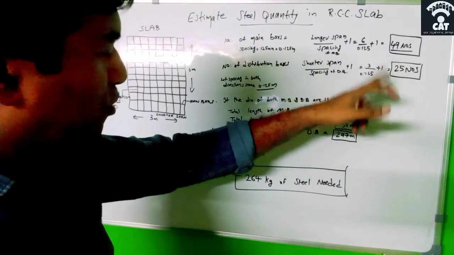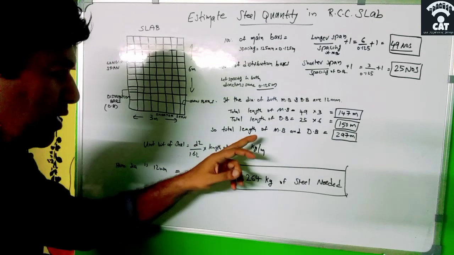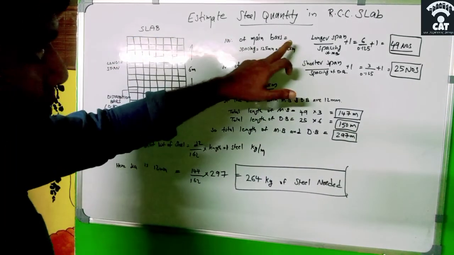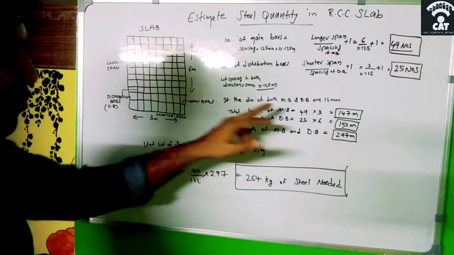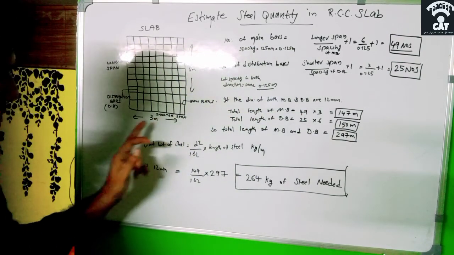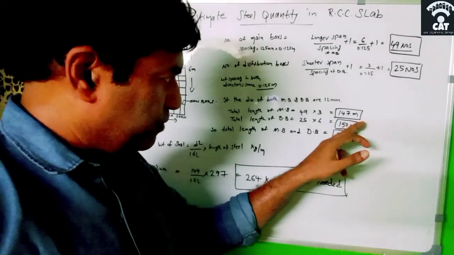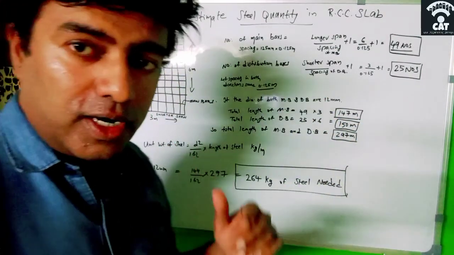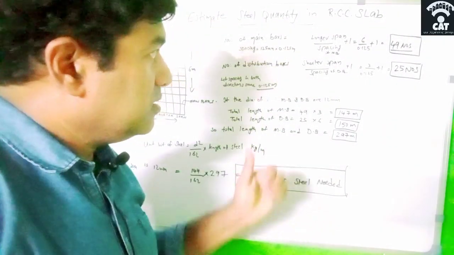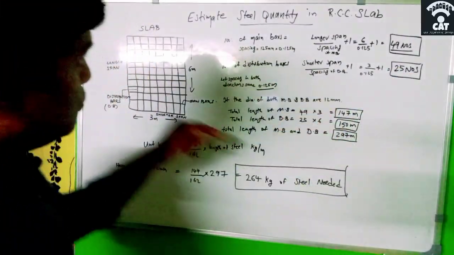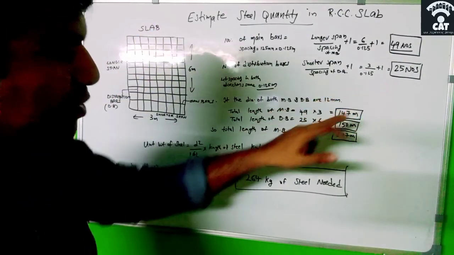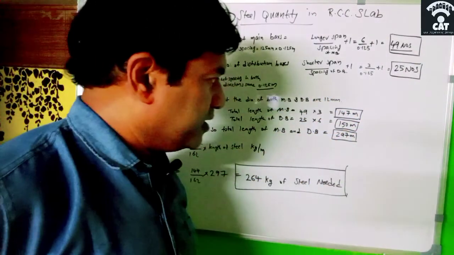For that, 49 into 3, because 49 is for the main bar, so it will be the shorter span. So 49 into 3, this is the shorter span 3 meter, which comes to 147 meter. Similarly, if you convert the distribution bars into total length in meter, the same thing we have to do: 25 numbers into 6, that is a distribution bar which is on the longer side. 25 into 6 gives 150 meter.